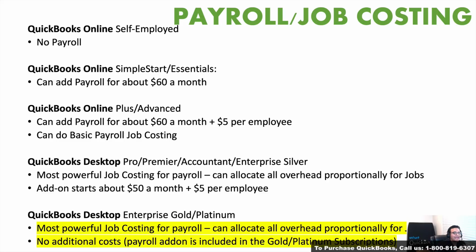You can allocate your payroll and your taxes to the jobs and get it in a specific report called the Project Profitability Report, but it doesn't allow you to burden additional costs into the projects. And that's something that, with robust payroll job costing, you may need QuickBooks Desktop for. Now, if you're working with QuickBooks Desktop Pro, Premier, Accountant or even Enterprise Silver Edition, you still have to add payroll as an additional cost.